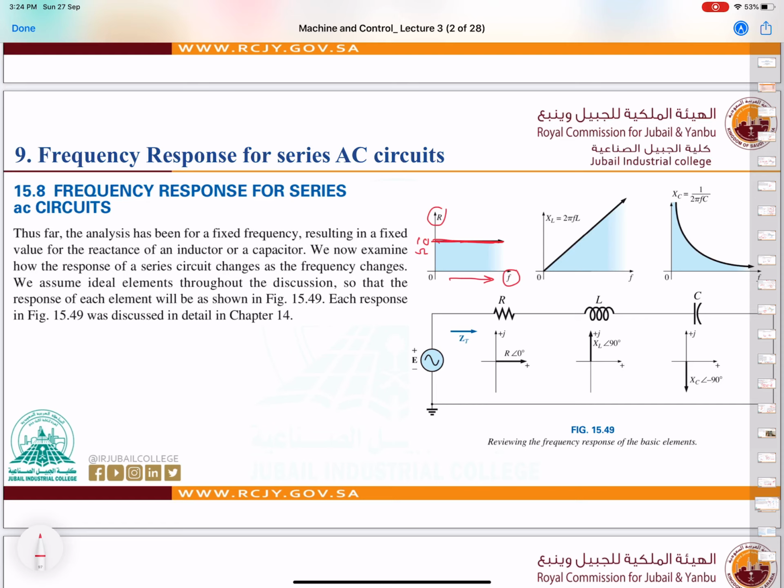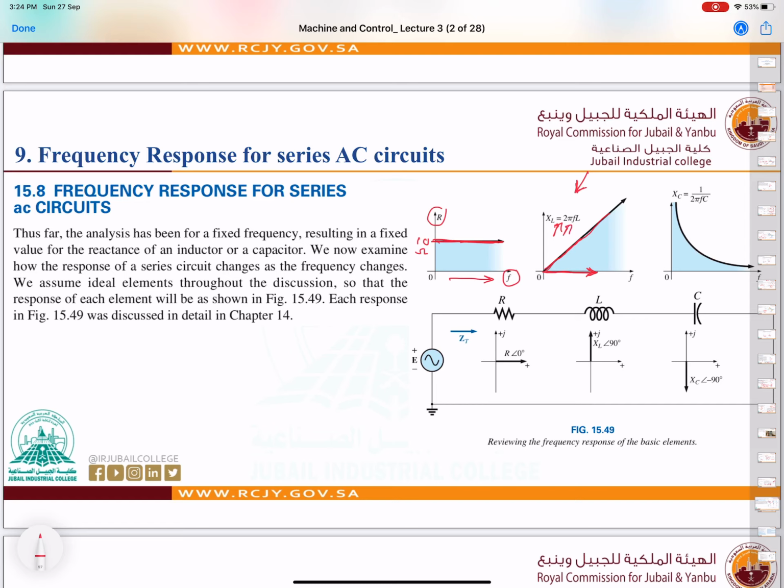But in case of an inductor, if the frequency increases, the value of XL increases. That's why the factor here is 2πfL.